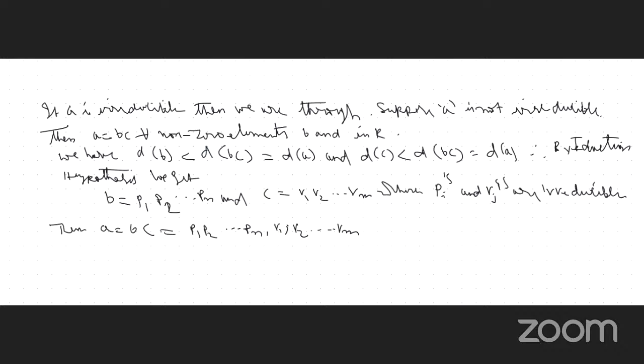Therefore A is a product of a finite number of irreducible elements. Only half the proof is done; the next half is there, so we move to the next case.